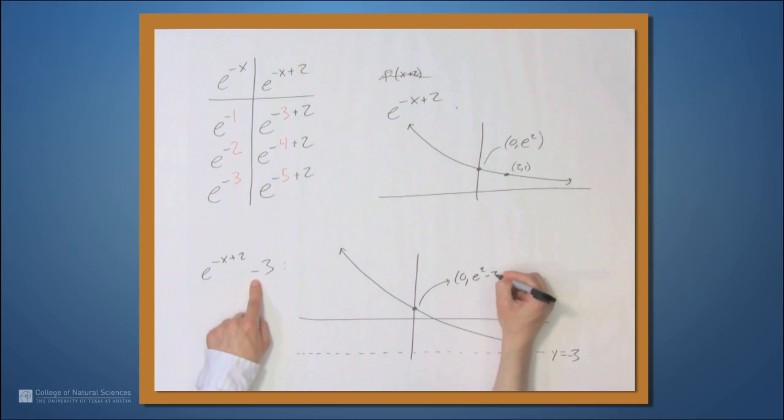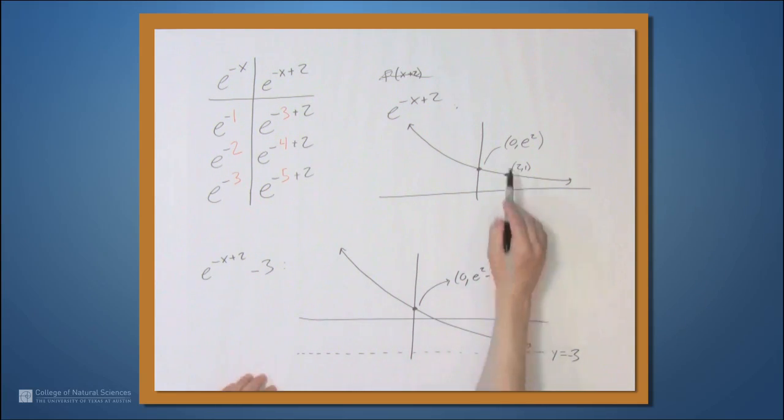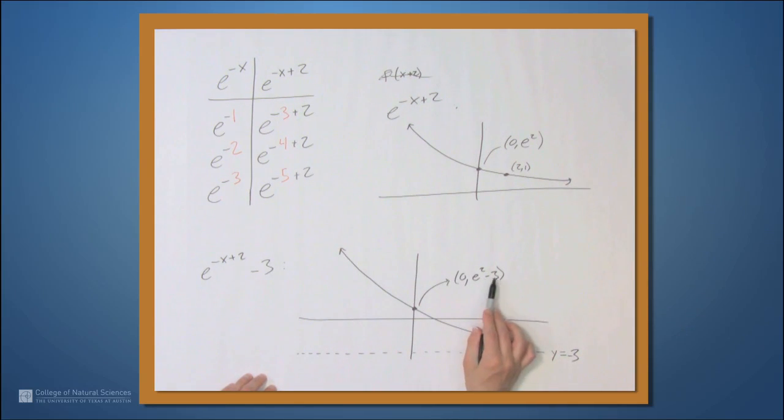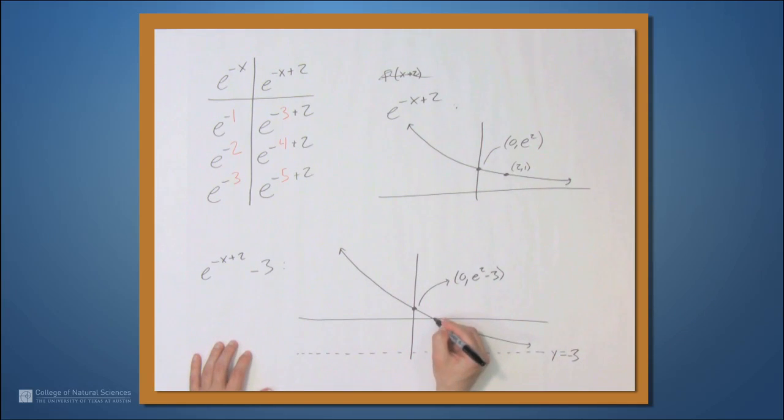It's just this point shifted down by 3. E squared is bigger than 3. E itself is bigger than 2, so e squared is bigger than 4. So this quantity here is definitely positive. So we know that this point is above the x-axis. And so for a sketch, that's all we need to know.